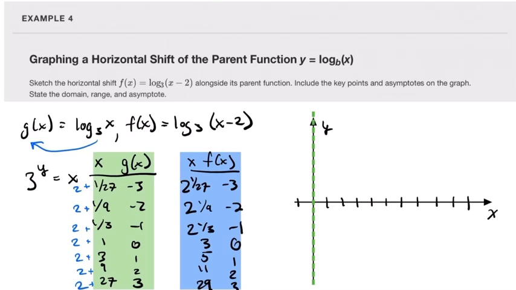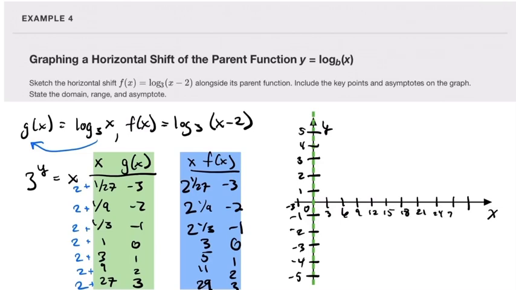Okay. This is the origin. We just need to get to 3. So 1, 2, 3, 4, 5 is fine. These are negative. This is -3 here. 3, 6, 9, 12, 15, 18, 21, 24, 27, and 30.